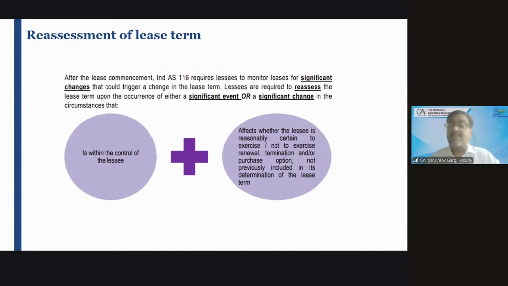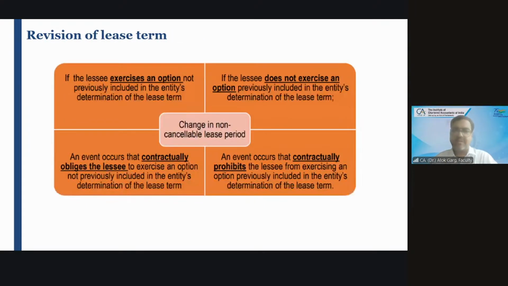On the commencement date, you only considered the 5 year non-cancelable period because you were not reasonably certain to renew. But after 1 year, now you are reasonably certain that you are going to renew the lease. So this 3 years will be added to the lease term, and the right of use asset and lease liability accounting will also change. How it will change, we will cover. But the point is, if subsequently there is a significant event or significant change in circumstances, you need to reassess your lease term.